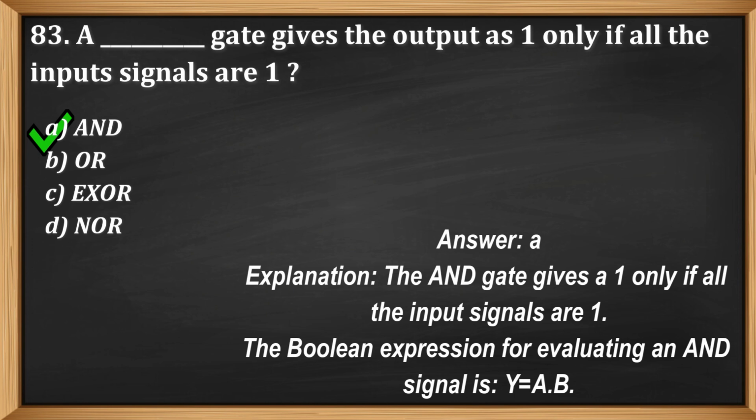A dash gate gives the output as 1 only if all the input signals are 1. Option A, AND.